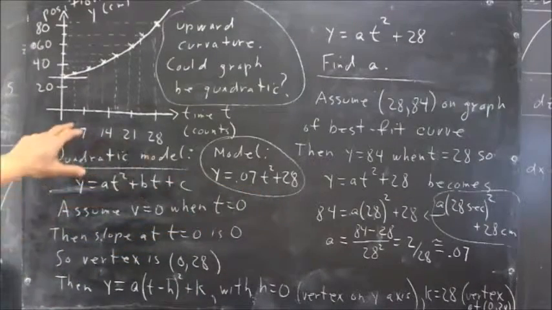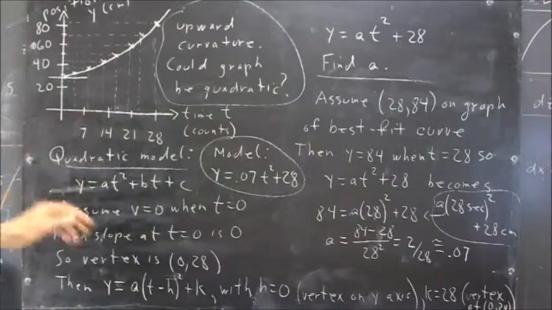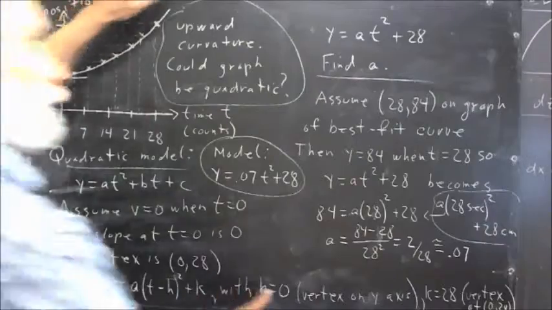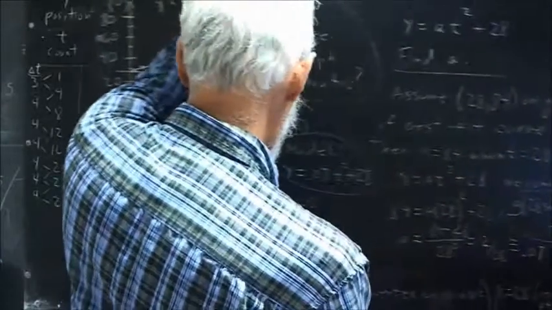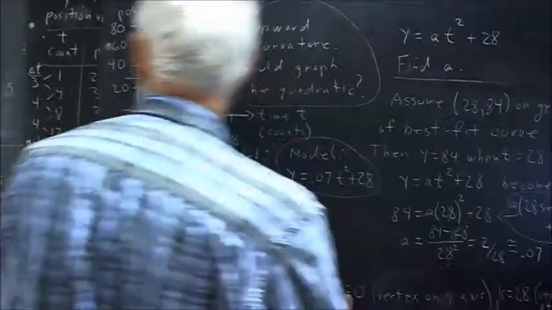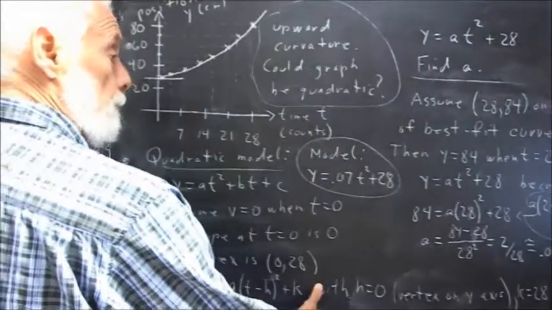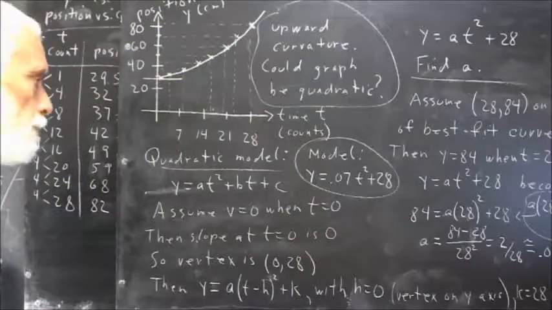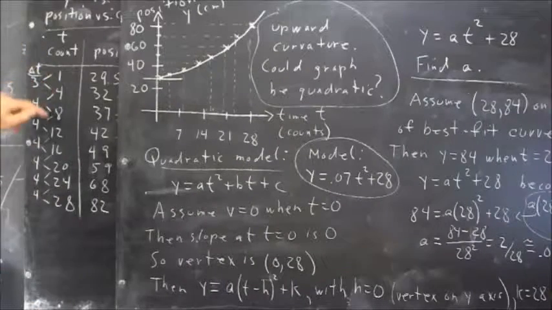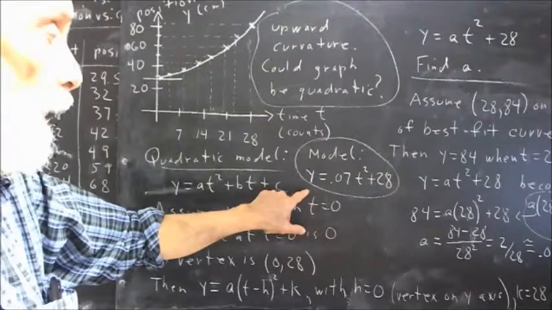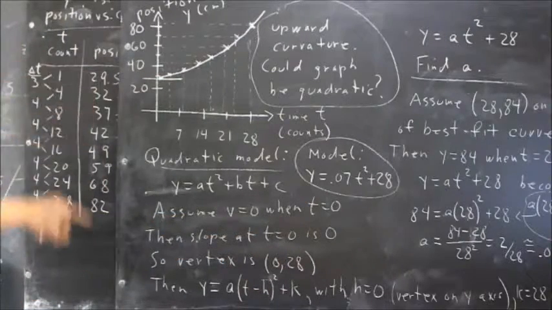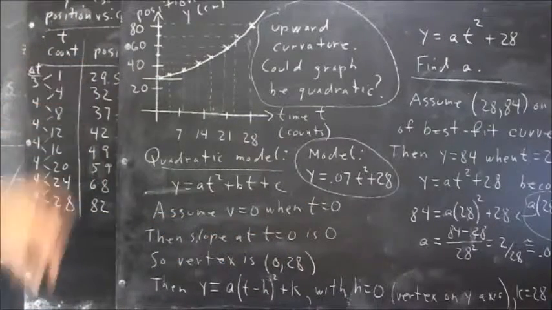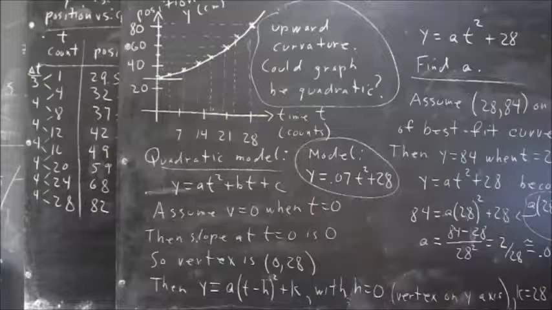We can plug in the different values of t that we have from our data, and I can move this over a little bit again to show that table a little more. I can plug in t equals 1, 4, 8, 12, 16, and 28 and see what I get for my y values and see how they compare with the y values on my position graph. And I'm probably going to do that in the next clip.